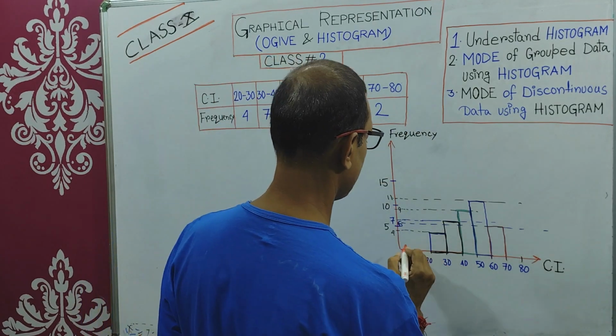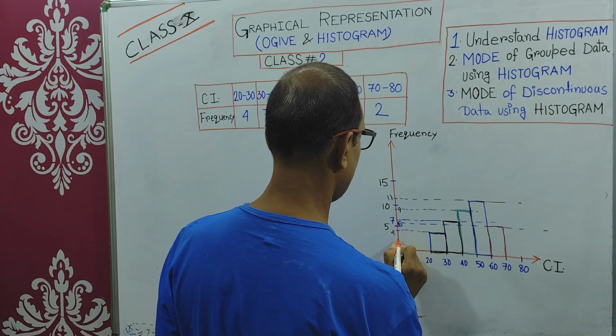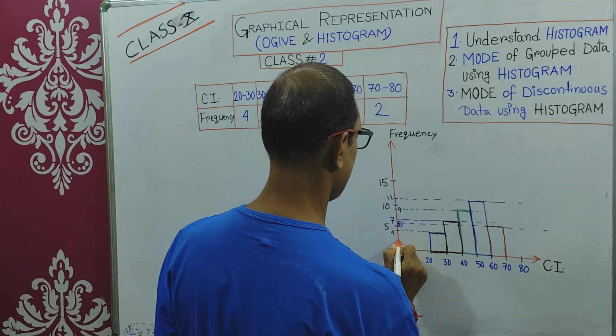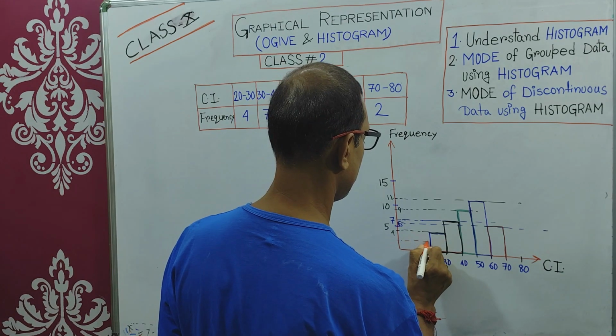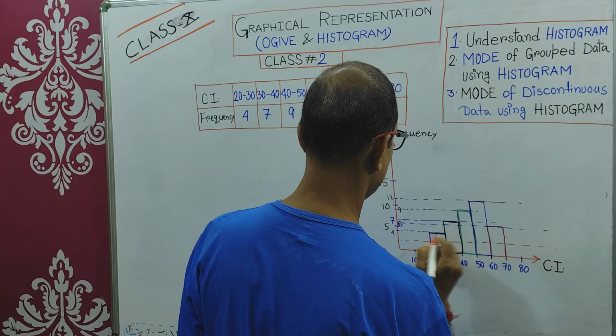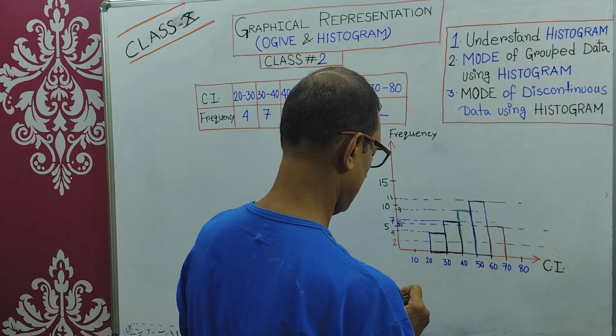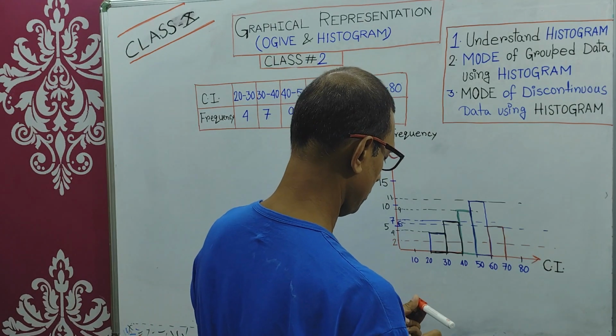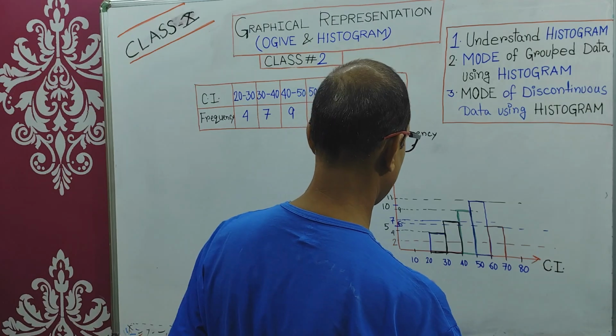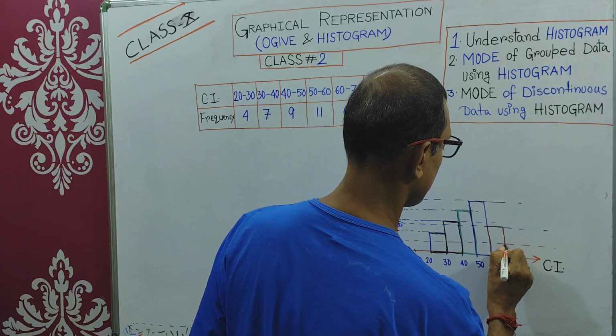Then 70 to 80 there is 2. If 4 is here, let's say 2 is here. So 70 to 80 it is 2.